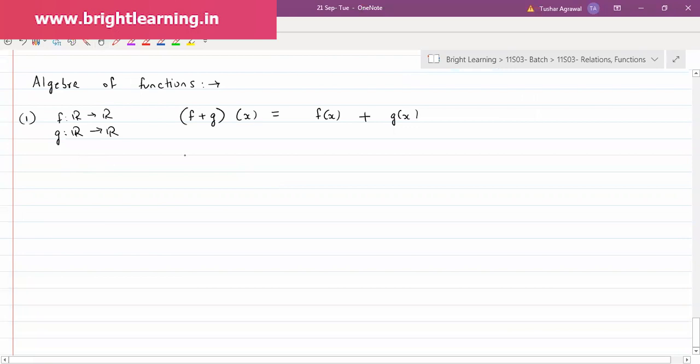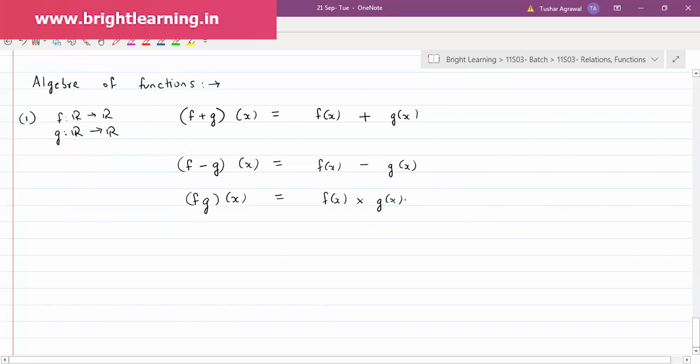Similarly, f minus g of x, this symbol itself means f of x minus g of x. Then multiplication of two real functions, fg of x is equal to f of x multiplied by g of x.